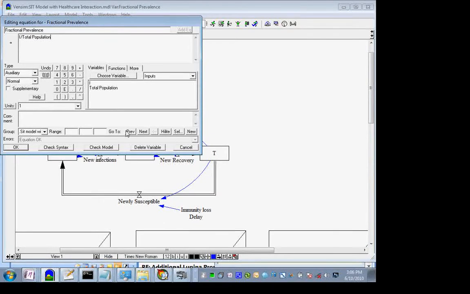Another way is I can say unit dimension. It means the same thing. And I can also say dimensionless, DMNL. I can pick my way of writing this.